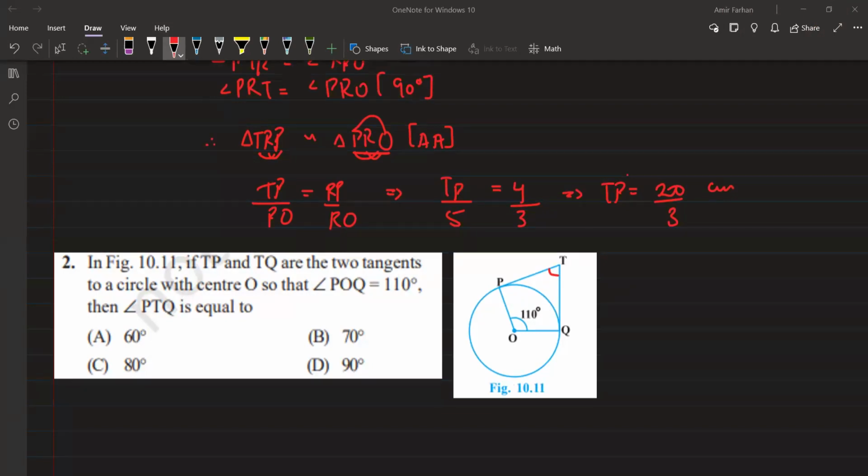Okay, Adil, have you got the answer? Yes, sir. Okay, keep it to yourself. Let's wait and see how many can solve this one. Simple, straightforward question based on the properties of circles.